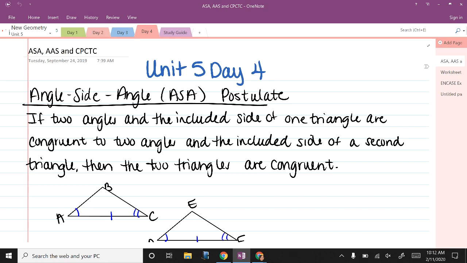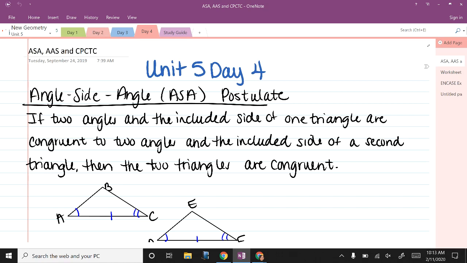Okay, so on the back side, the angle, side, angle congruence postulate says if two angles and the included side, now what did we learn included meant yesterday? In between, okay? So if two angles and the side between them of one triangle are congruent to two angles and the included side of the second triangle, then the two triangles are congruent.